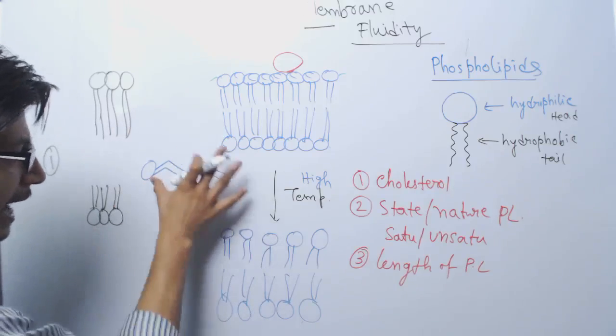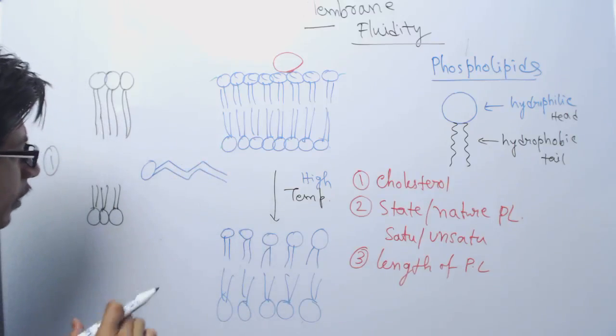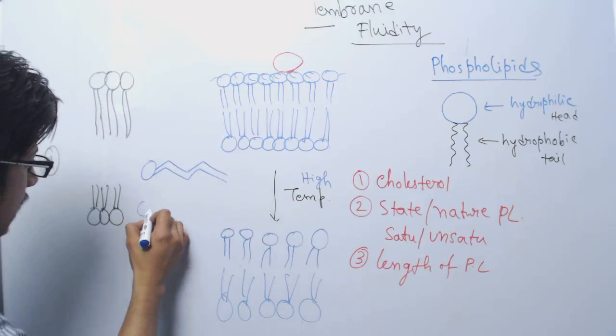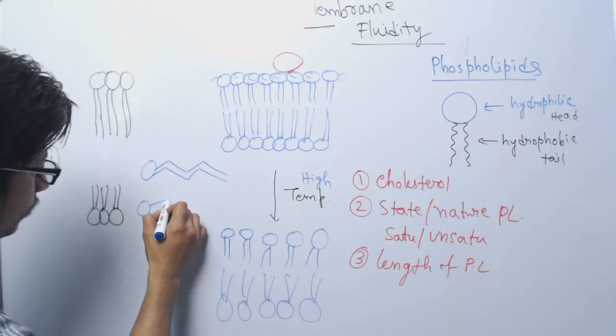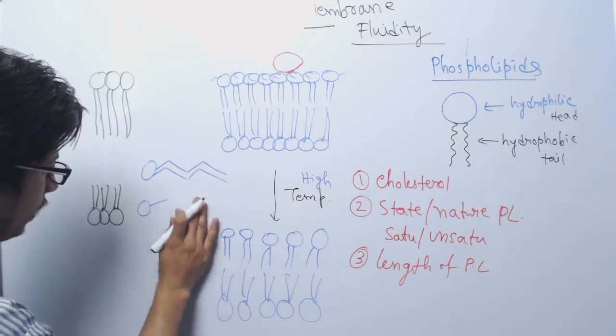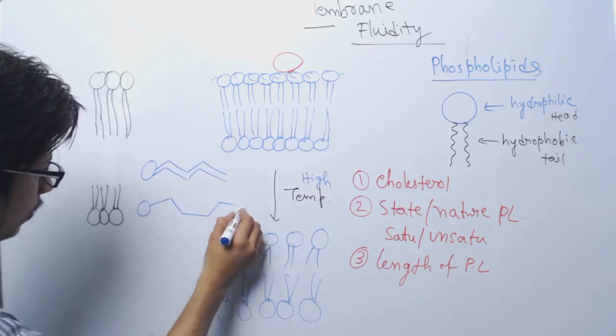For example, this is the actual structure for fatty acids. In some cases they contain double bonds in those, like this.